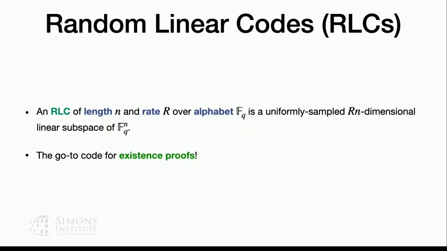And one of the reasons we like random linear codes is that this is the go-to code for existence proofs. Usually, if we want to know whether there exists a code with a certain combinatorial property, it usually makes sense to first ask, is it true that a random linear code has this property? And sometimes even this leads to very complicated questions.